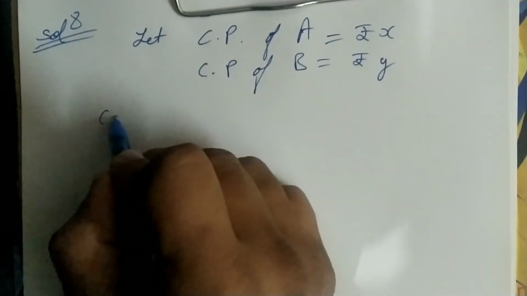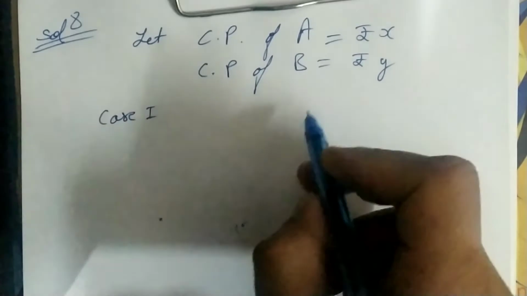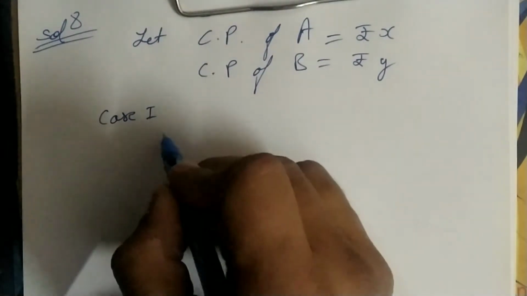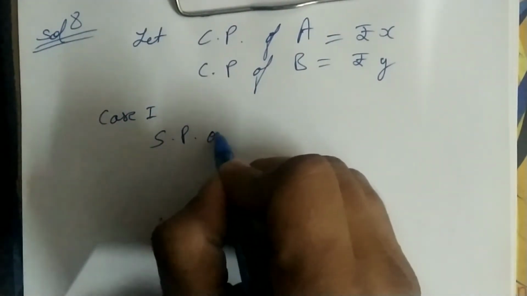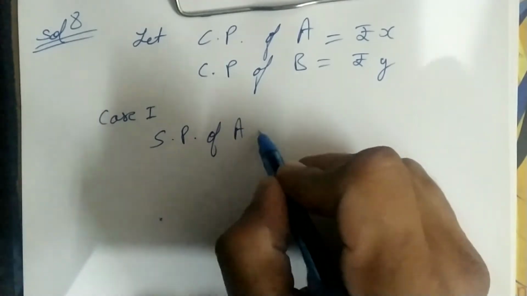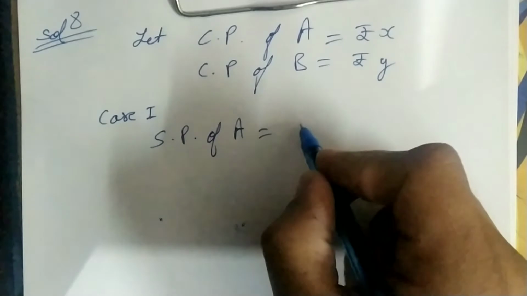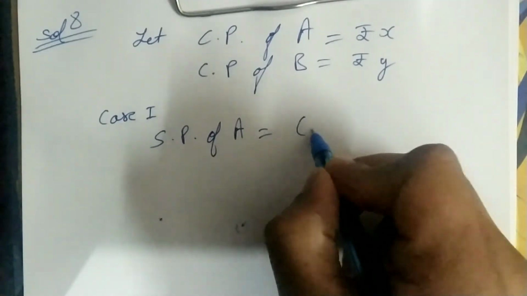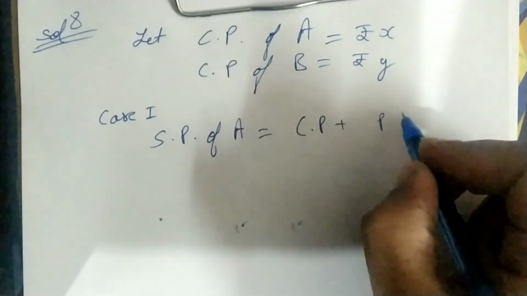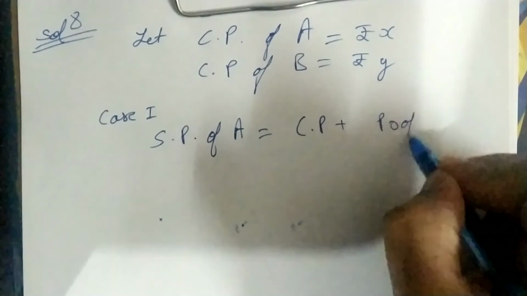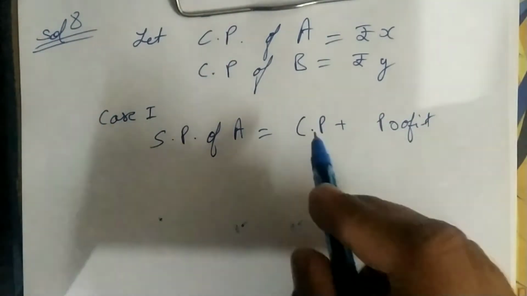So let cost price of A be X rupees, cost price of B be Y rupees. Now case 1. Selling price of A will be cost price plus profit.